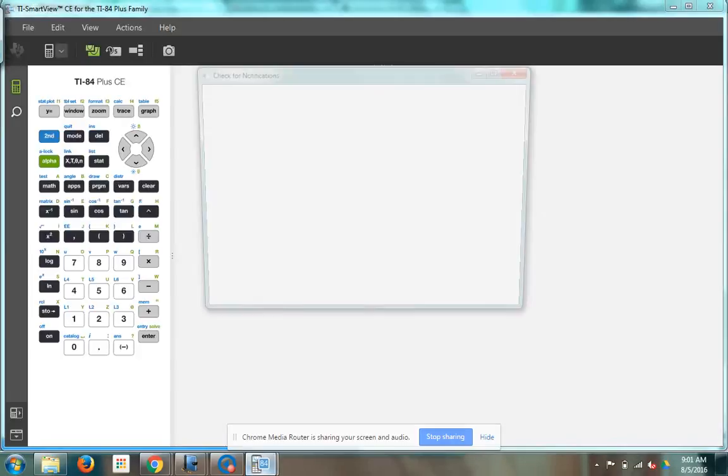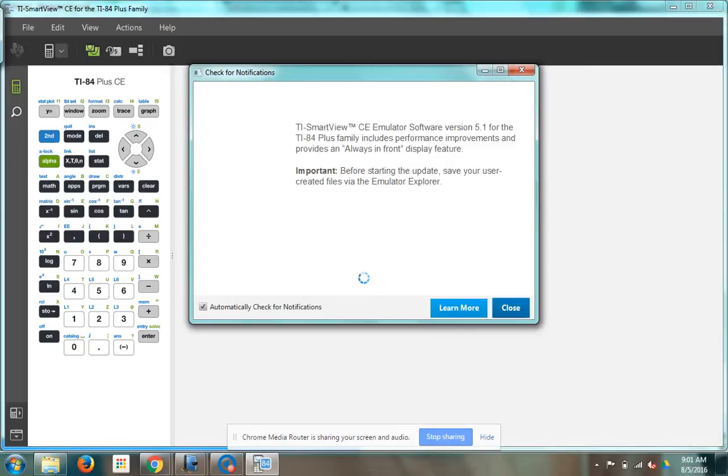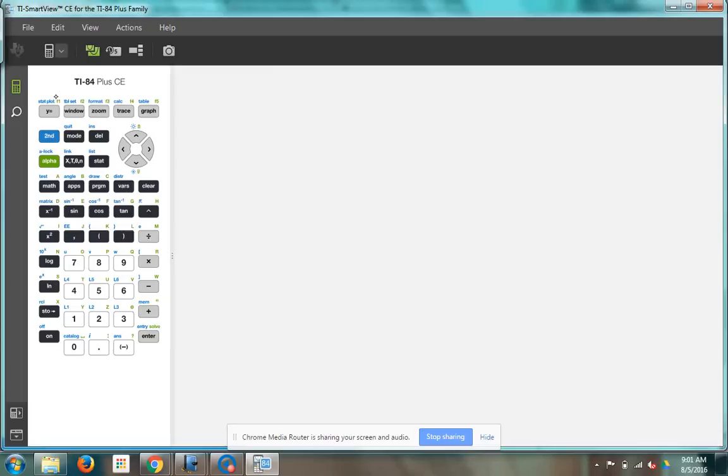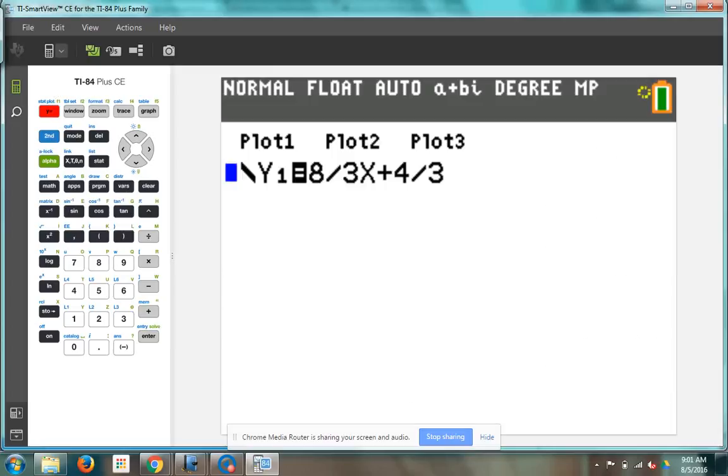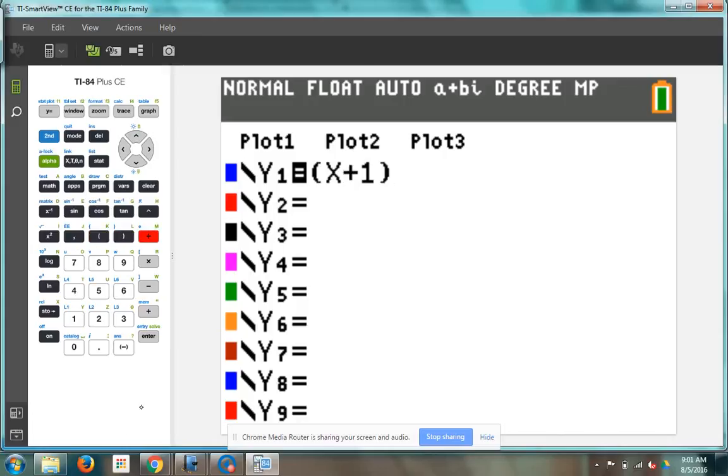Grouping symbols, absolutely. Whether you use parentheses or brackets, I don't care which one you use. Go to y equals. Parentheses, x plus 1 on top. Close the parentheses. Divided by parentheses x plus 2. If you don't put those parentheses there, it's going to mess it up.